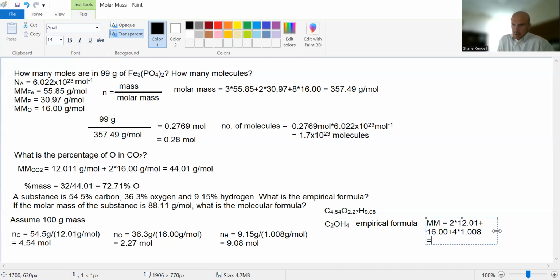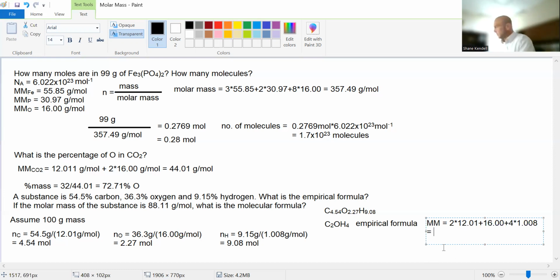So this is what the molar mass of the empirical formula is. And I get 44.05 grams per mole. So that's the molar mass of this empirical formula.